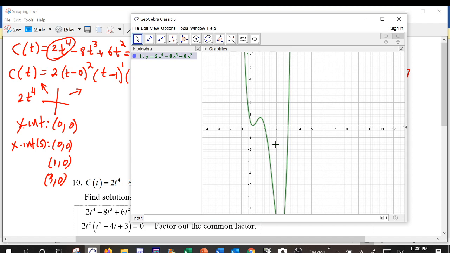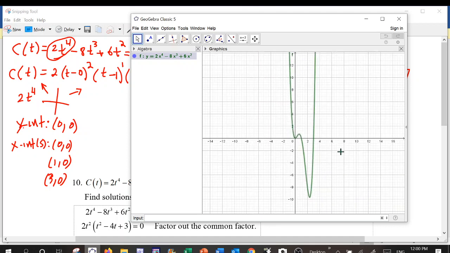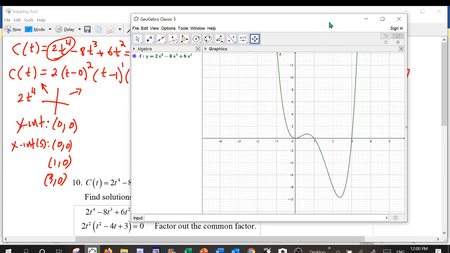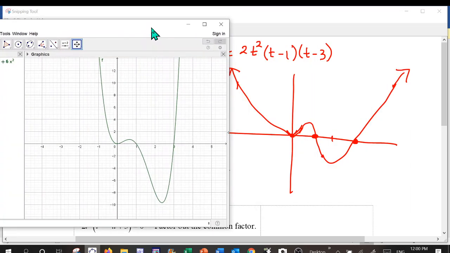There. Okay. So does it look like something we graph? Well, I think so, right? Let's see. Does it look like that? Kind of, yes. Makes sense.